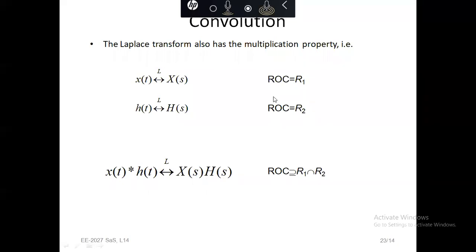The regions of convergence of these two are R1 and R2. The region of convergence of this multiplication function will be a superset of the intersection of these two regions of convergence.